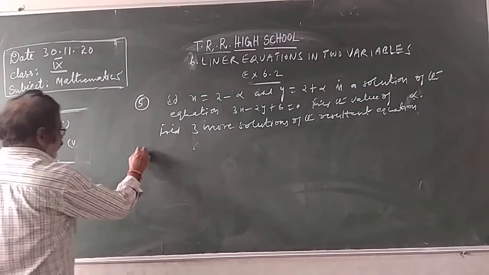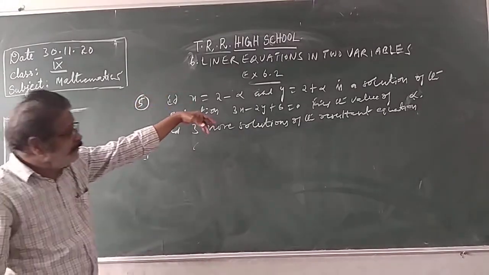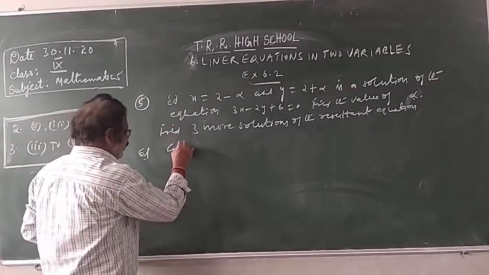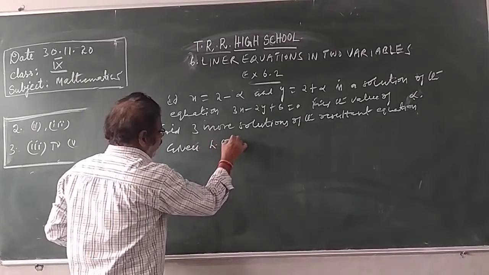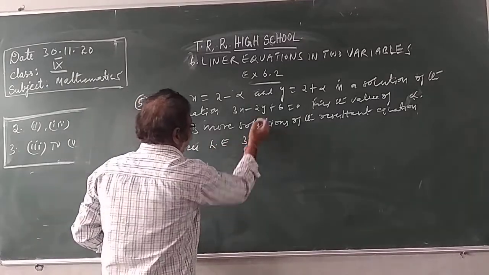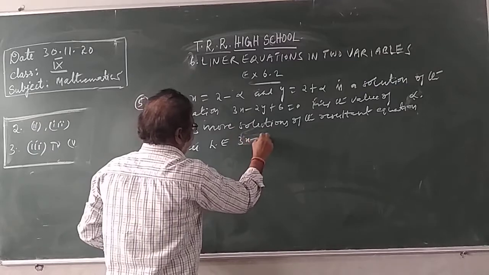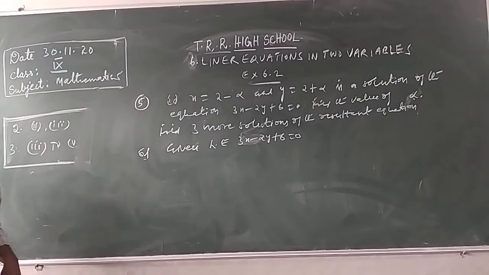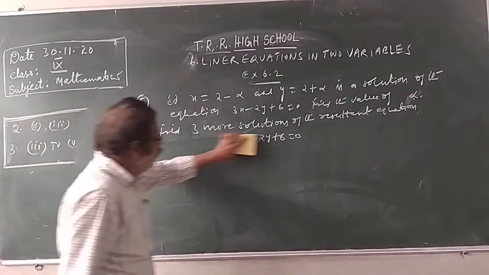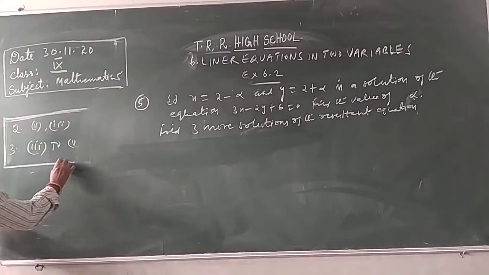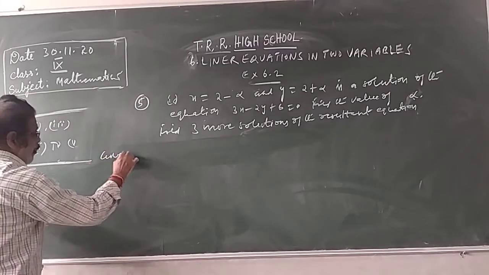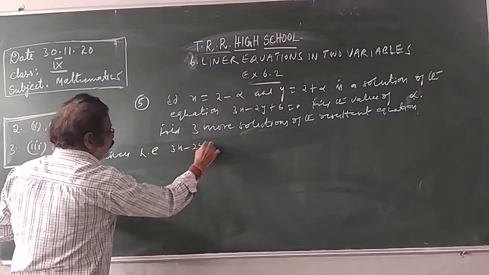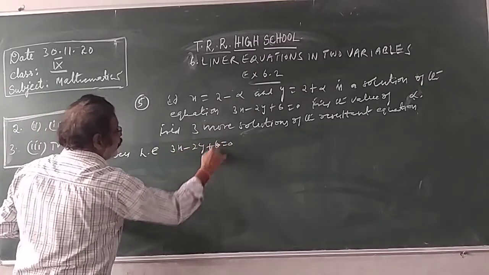Children, what is the solution? x is equal to 2 minus alpha, y is equal to 2 plus alpha is the solution of the given equation. What is the given equation? Given linear equation is 3x minus 2y plus 6 equal to 0.